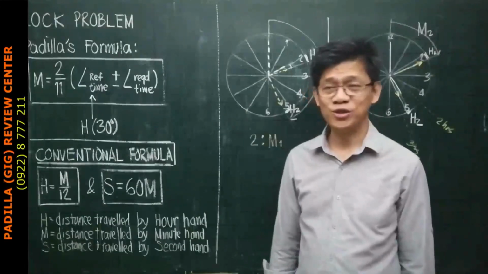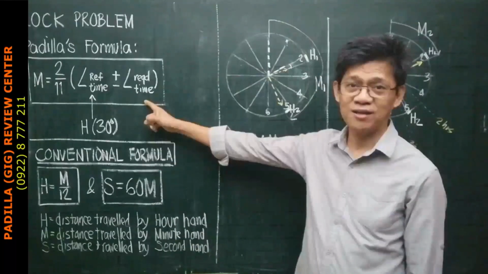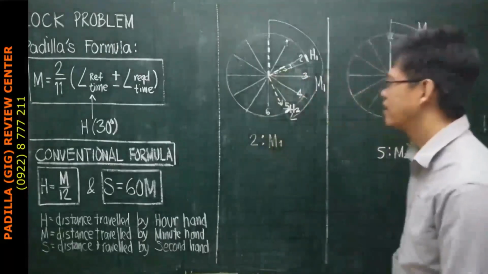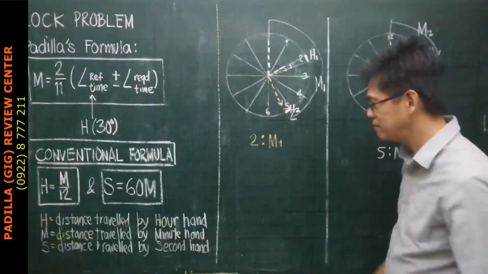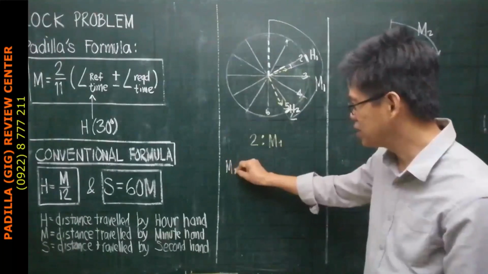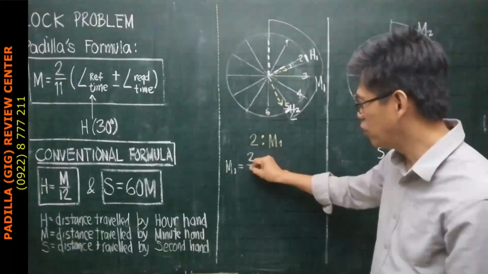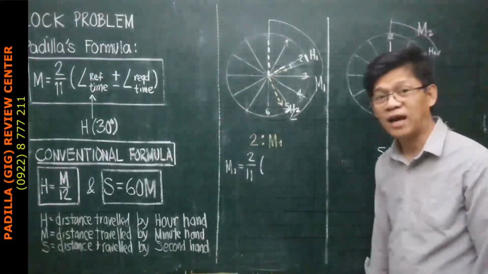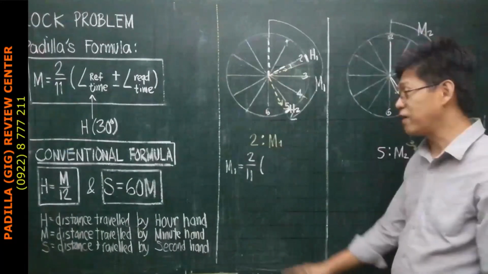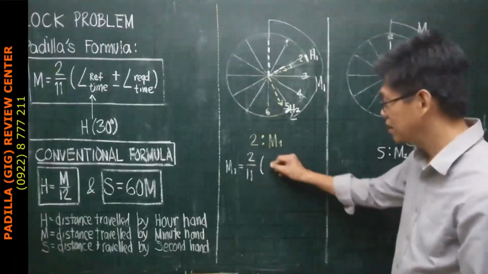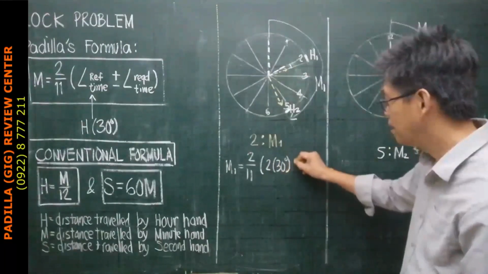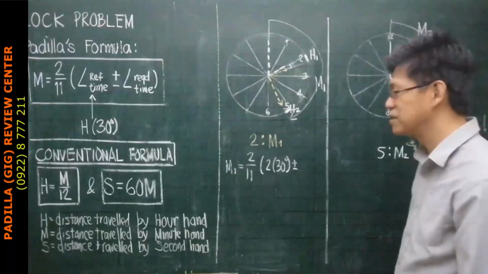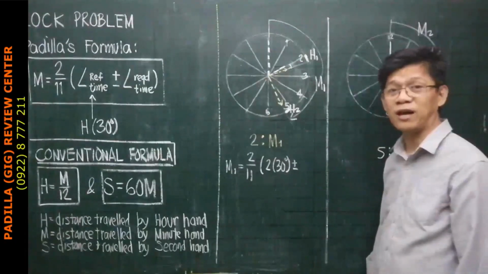Why didn't I use the Padilla's formula? Look here. If I'm going to use Padilla's formula in solving M1 here, M1 is going to be 2 over 11 times the angle during the reference time, H times 30, that's 2 times 30 degrees, plus or minus the angle during the required time.